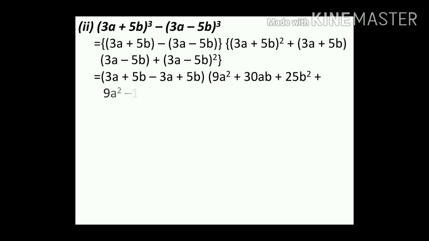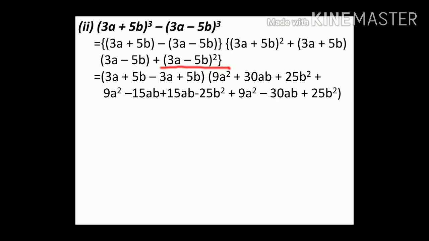We get here, children, 9a square minus 15ab plus 15ab minus 25b square plus 9a square minus 30ab plus 25b square. Two brackets we have multiplied, and, children, the last bracket again we use the formula a minus b the whole square and we expand.